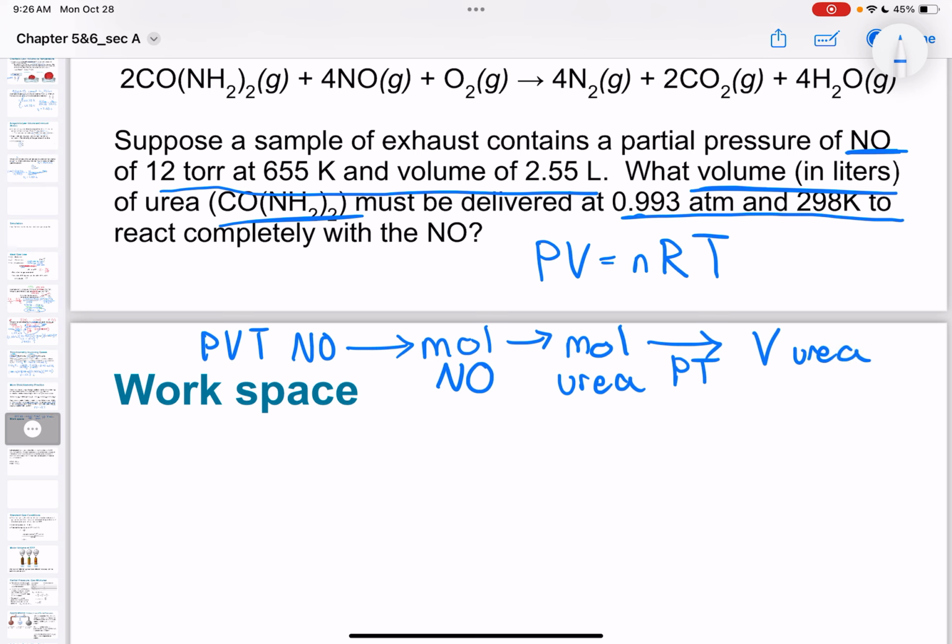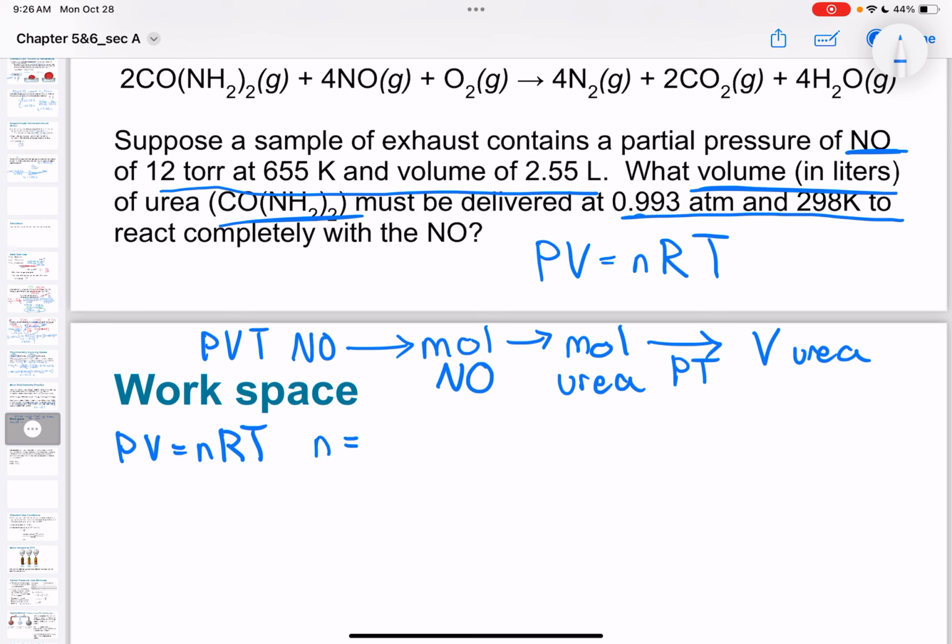Although we usually do these calculations as one big long one, here, since we're using an equation for the first and last part, they're going to be broken out into 3 separate things. I like to rearrange my equations first before I put any numbers in. You don't necessarily have to do it that way. That's just my preference.